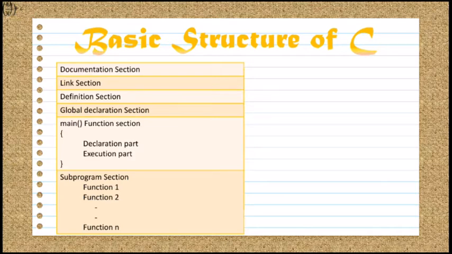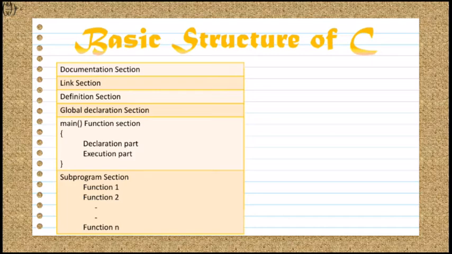Next one is definition section. The definition section defines all symbolic constants. So suppose if you want to declare a value of a particular variable as constant, that means that value cannot be changed in the whole program.